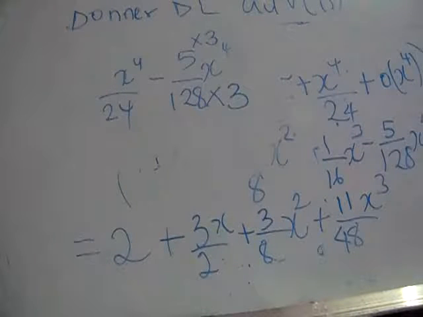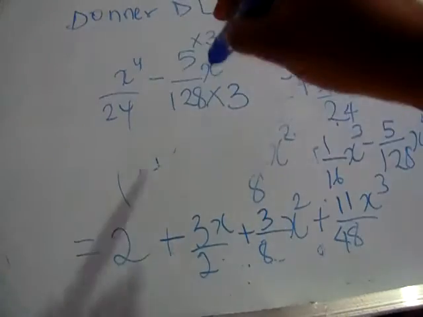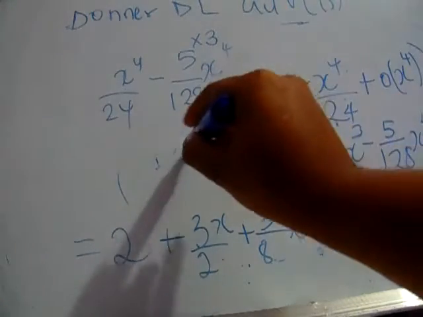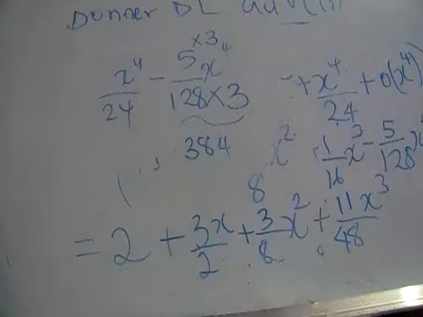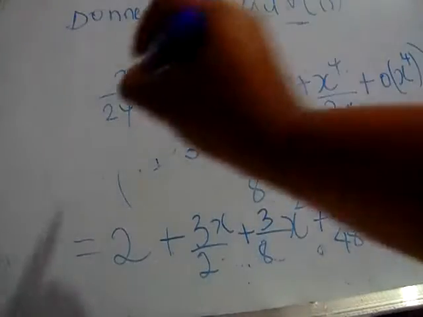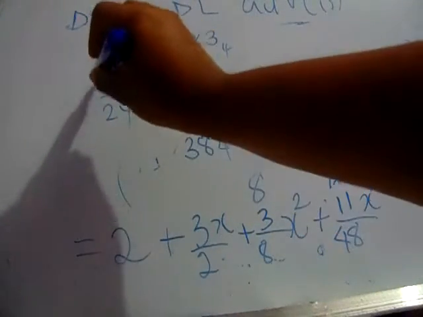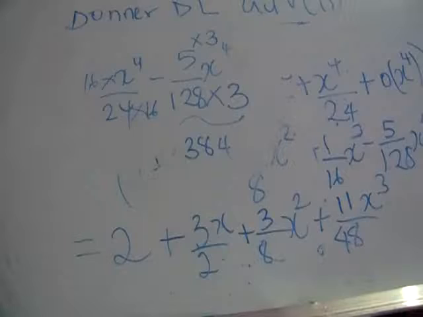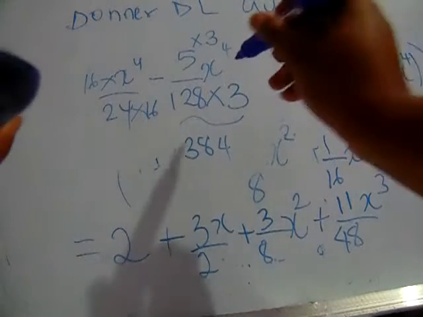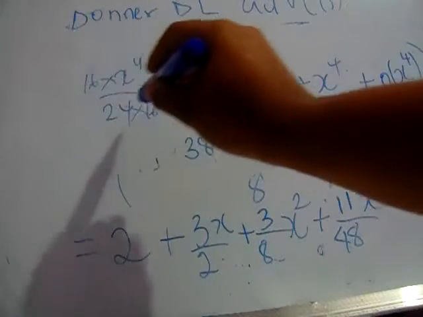And again, what can we multiply with 24 that will give us 384? That's 16. So we'll multiply this by 16, and so we'll multiply this as well by 16. So we are going to have 16.